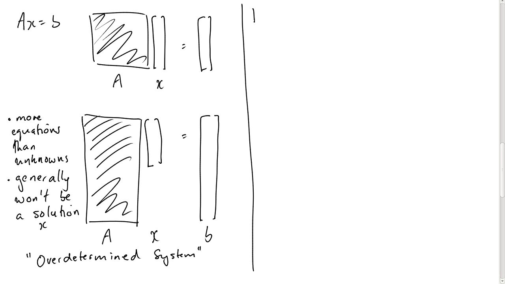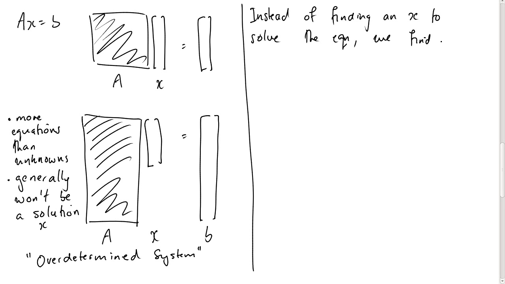So instead of finding an x to solve the equation, we find an x that minimizes something.